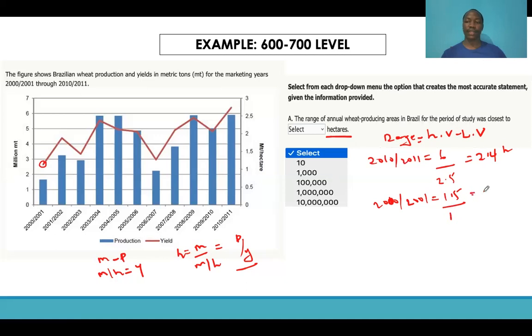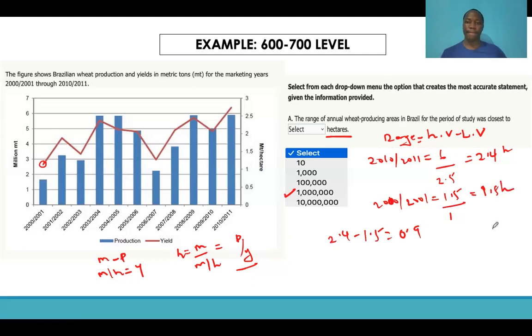So this translates to 1.5 million hectares. To get the range, the highest value, 2.4 million hectares, minus 1.5 translates to 0.9. This in acreage would be approximately 900,000 hectares, so for our answer choices we go with 1 million hectares, which is approximately the 0.9 figure that we found. So our answer here will be D, which is 1 million.